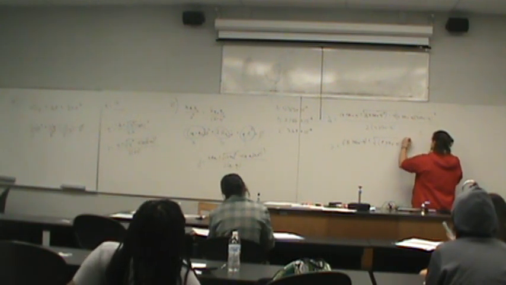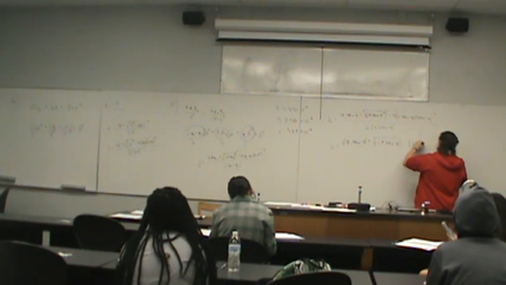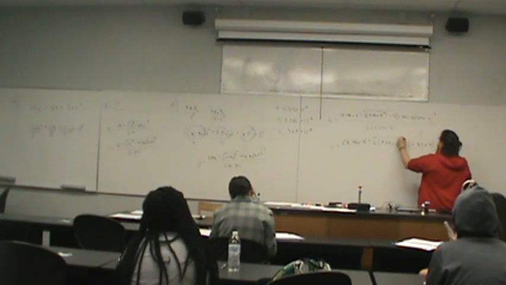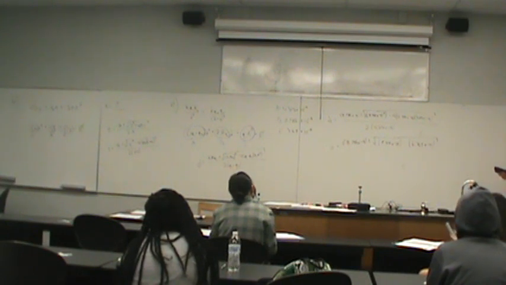That's going to give us positive 6.399 times 10 to the negative 31st. Anyone disagree with this?